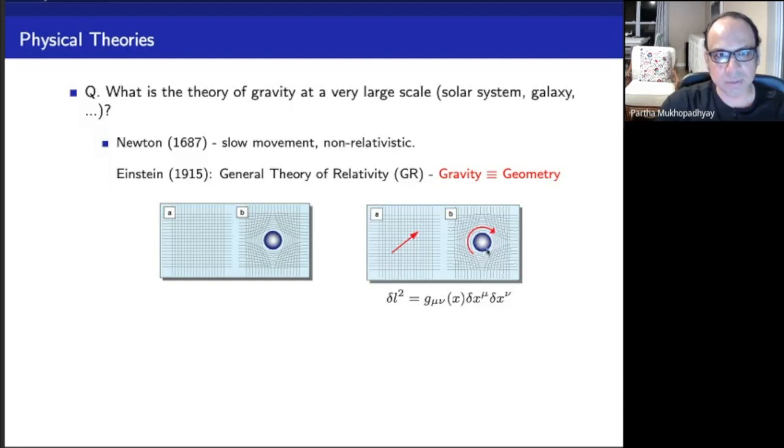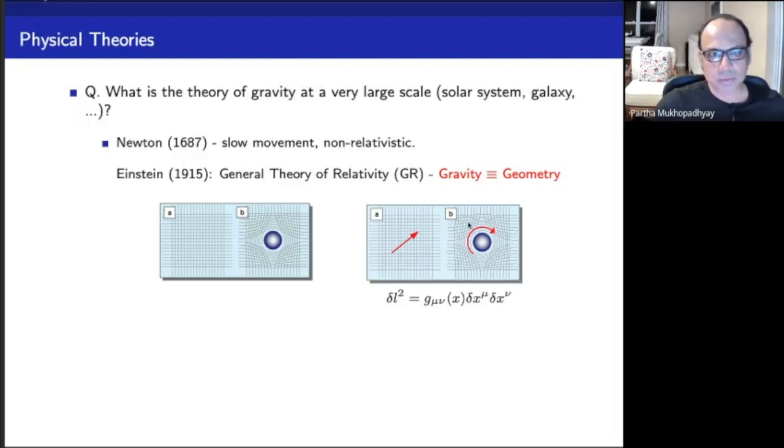Here, in presence of a massive object, the space-time is curved, and given 2 points, say for example here and here, you have to ask what is the minimum length trajectory, and you find out after doing some calculation that the minimum length trajectory will be going around like this, pretty much the way the picture is suggesting. And that is the reason why small planets are moving around the sun in orbits. So that is how it is described in the geometric theory of gravity.